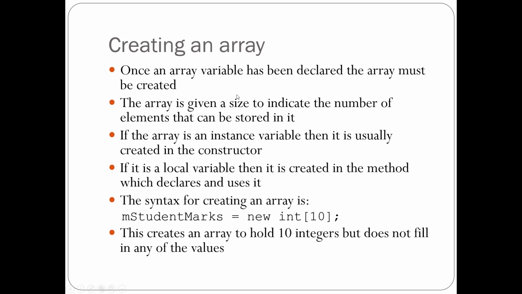So what we've got is the additional section. You can see it in this piece of code here, that mStudentMarks, which we previously declared as an integer array, is a new integer array with 10 elements in it. Okay, and that means we've got 10 empty elements which will only store integers.